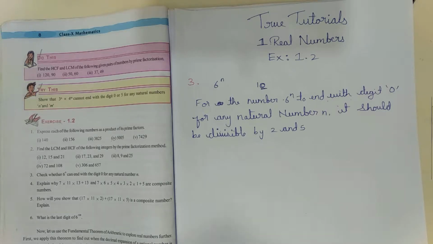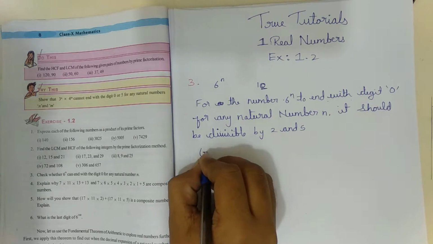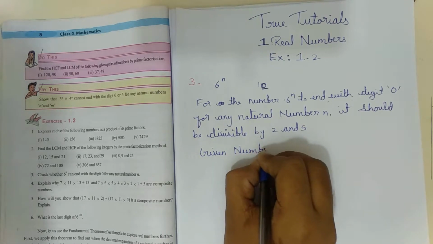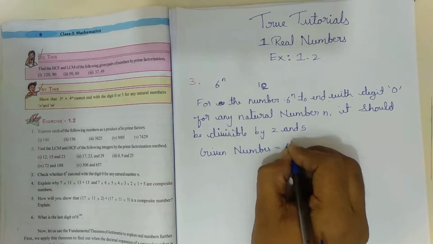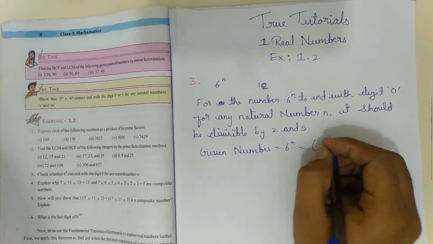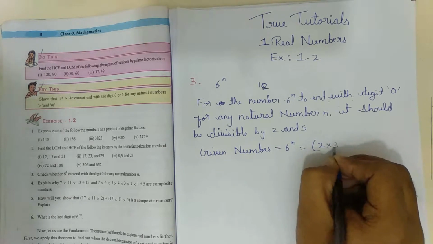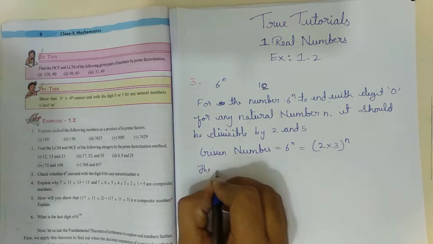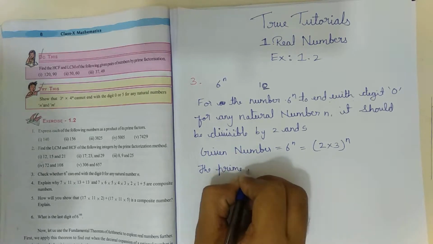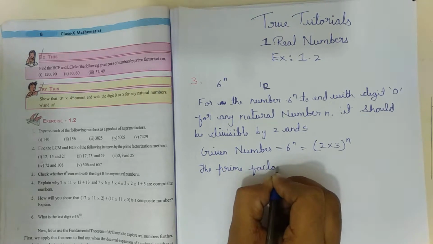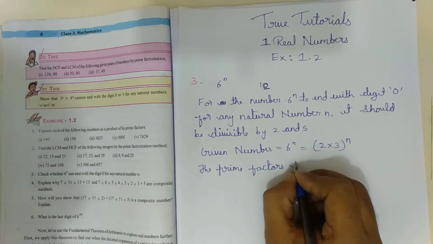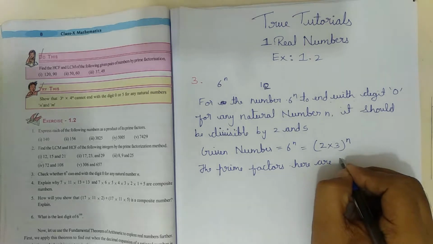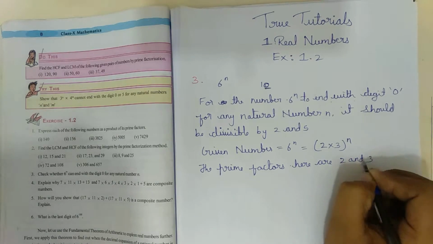So what is the number given to us? The given number is 6^n. Let's see what the factors of 6^n are. 2 into 3 gives 6. The prime factors of 6 are 2 and 3.